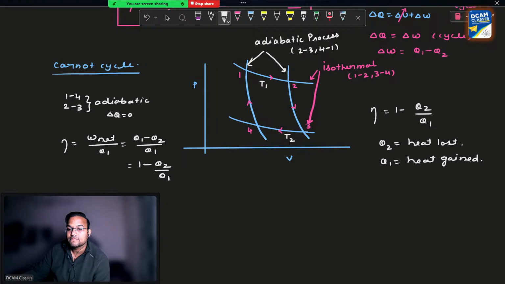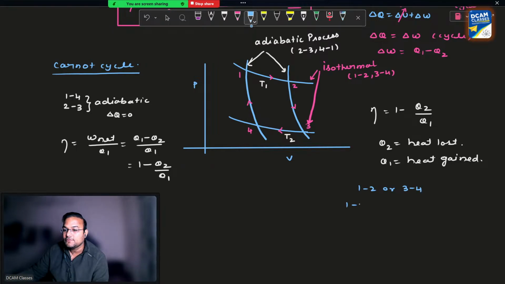Process 1 2 is absorbing the heat. Who can you tell? Hmm, exactly, not sure. Let me tell you. That is for sure, either the heat exchange is taking place in process 1 2 or 3 4.